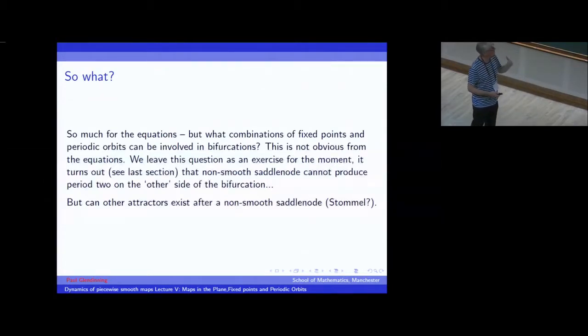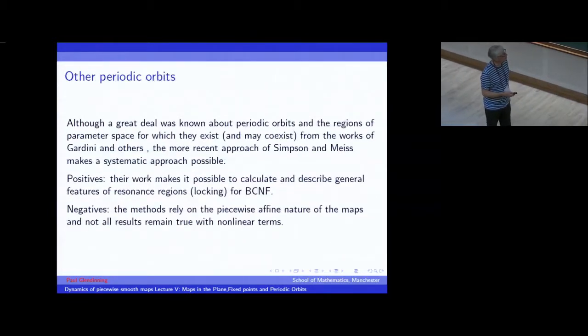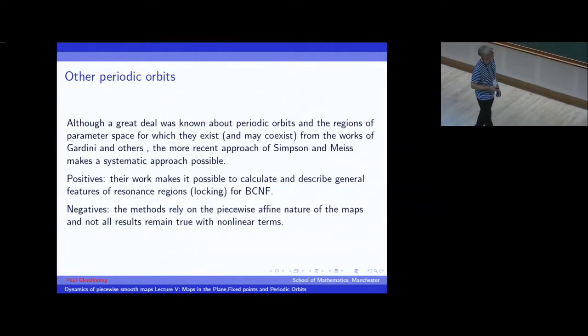But where can you go from there? So there are certainly other periodic orbits, and the work by Laura Gardini and others had started to give a good sense of bifurcation structures.